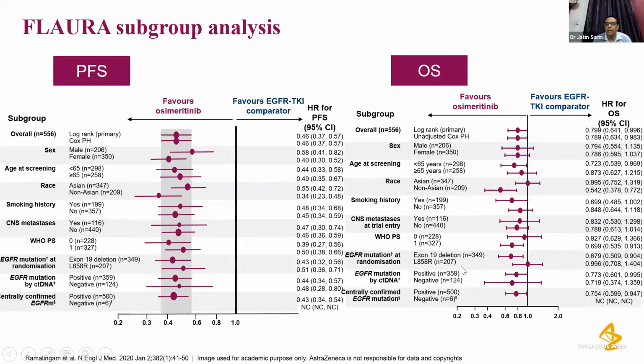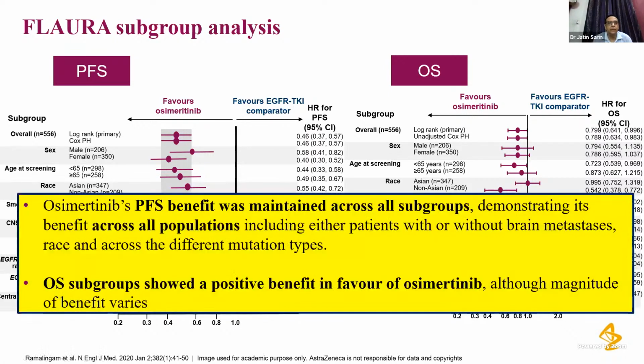Otherwise, all kinds of patients or all kinds of subgroups were benefited with the first line of this TKI. So PFS was maintained across all subgroups, and OS subgroups showed a positive benefit, although the magnitude of benefit varies.